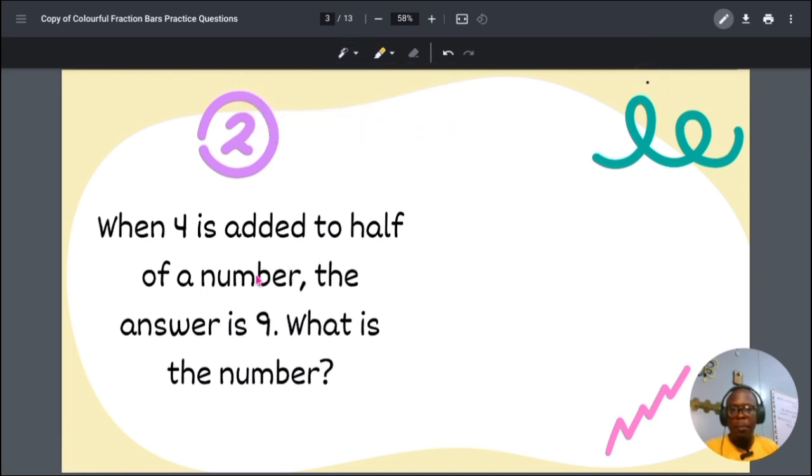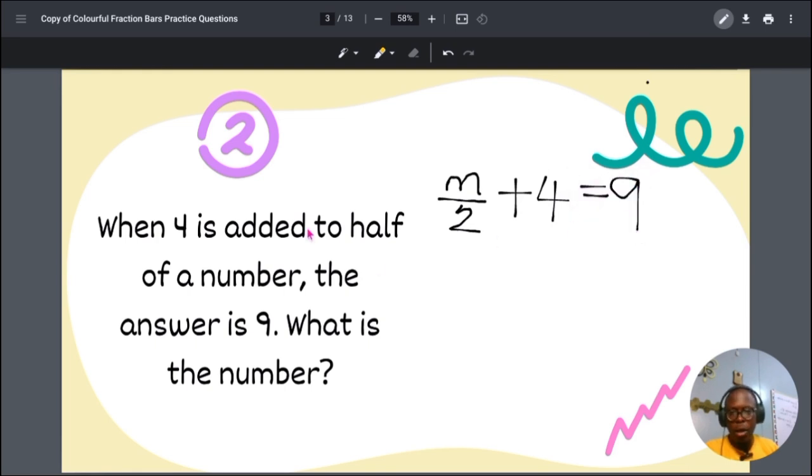So the number I will assume is an M. Half of it is M divided by 2, and then 4 is added to half of this number, so plus 4.